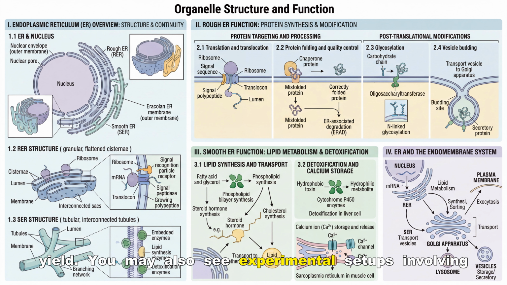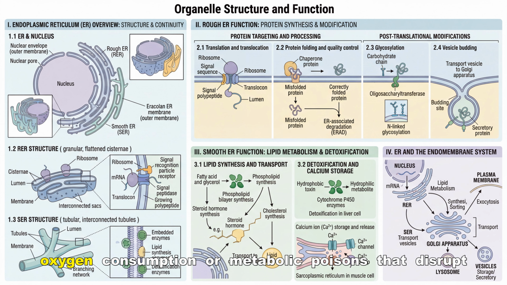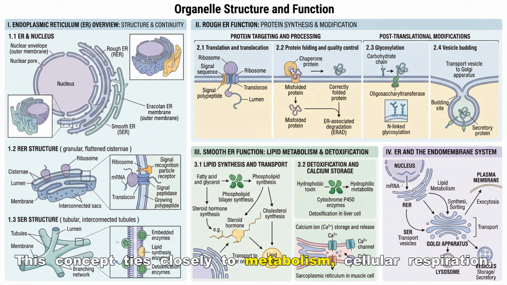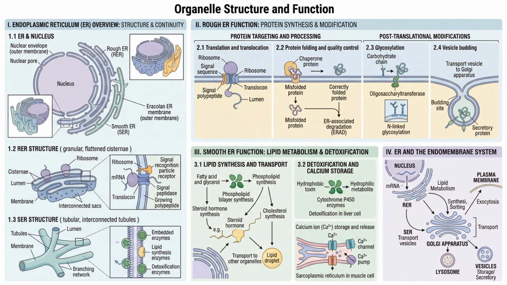You may also see experimental setups involving oxygen consumption or metabolic poisons that disrupt the electron transport chain. A helpful way to remember is "mito equals mighty energy." This concept ties closely to metabolism, cellular respiration, and apoptosis, as mitochondria also play a role in programmed cell death.